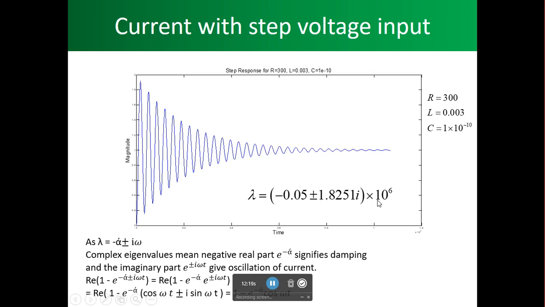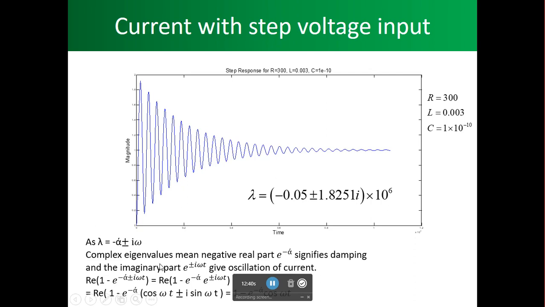So lambda is equal to minus a real part, plus or minus i omega. Omega is the imaginary part.